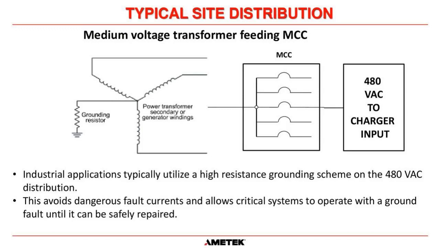The advantage of the high resistance ground is that if there is a ground fault, it limits fault current, and the critical equipment out there running off this MCC can continue to operate without tripping breakers. Now, of course, if we have a fault on two phases, then we're going to trip breakers, but one fault does not trip a breaker.